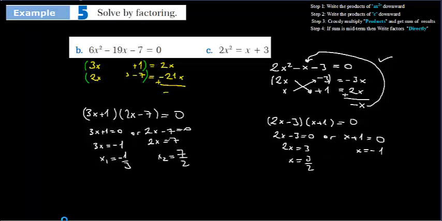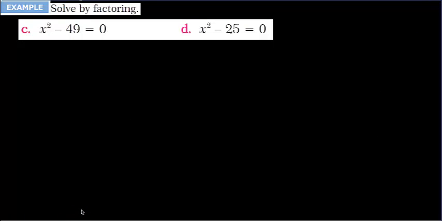Okay, here we have one new type. Actually, we were solving this kind of equations. Here I'm going to write the first way, for x squared minus 49 is equal to 0. We were doing it like this: x squared is equal to 49, then x is equal to plus minus 7.